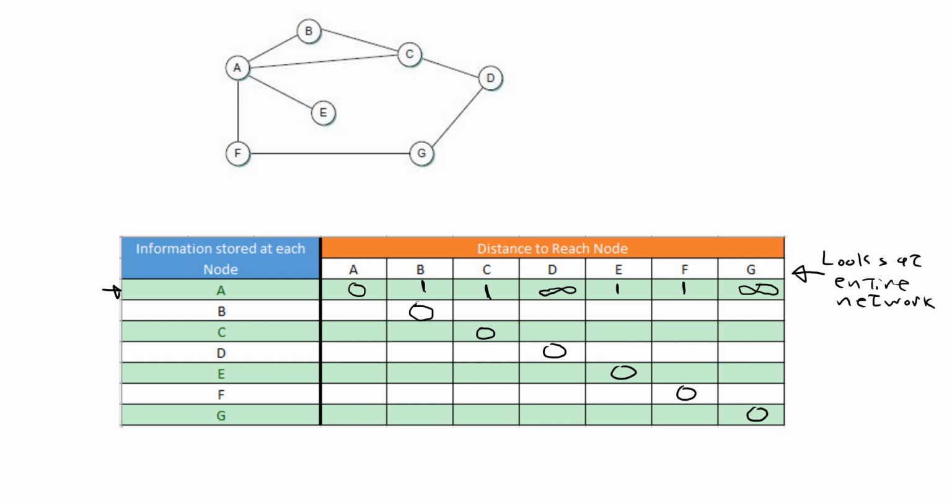And so this would be the distance vector that A would announce to F, E, C, and B. And each one of them would have their own unique distance vector that they would announce back.